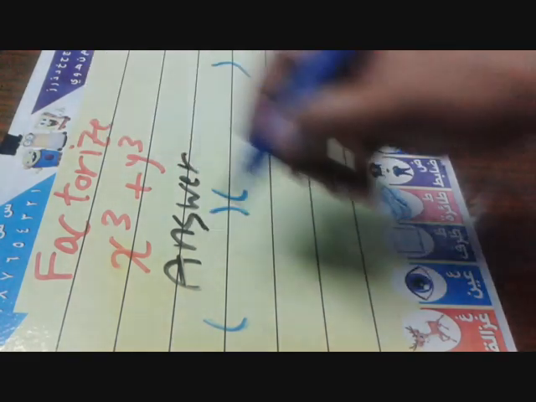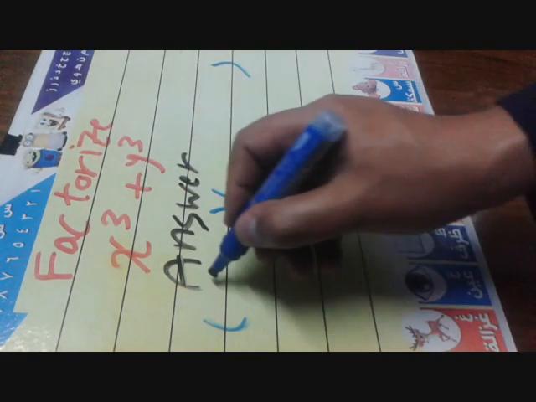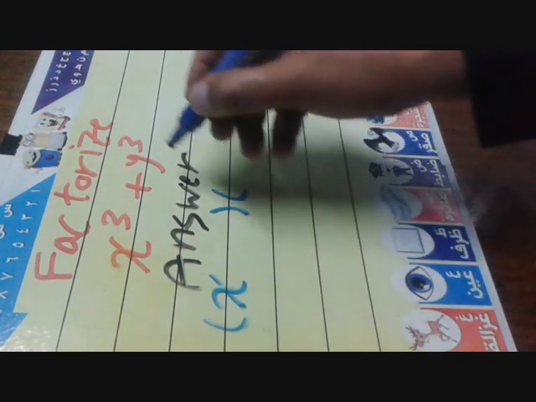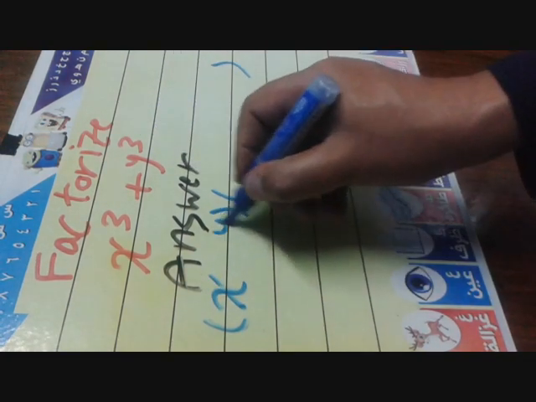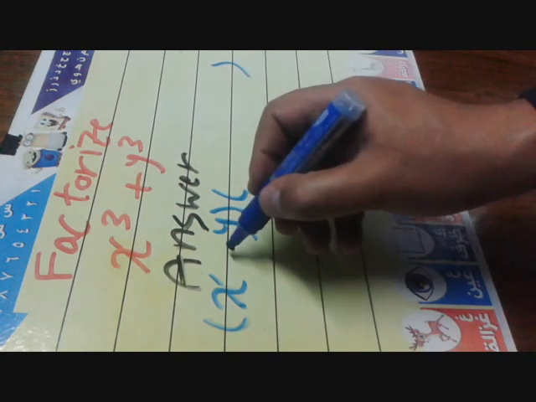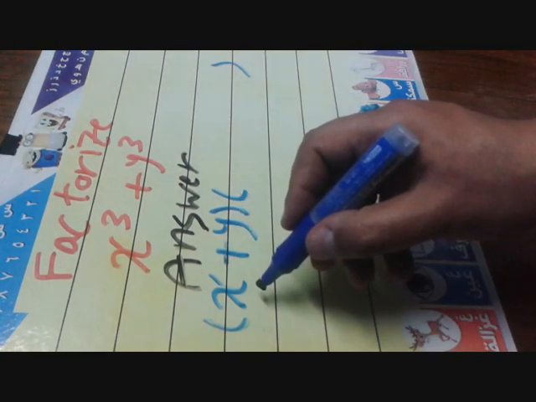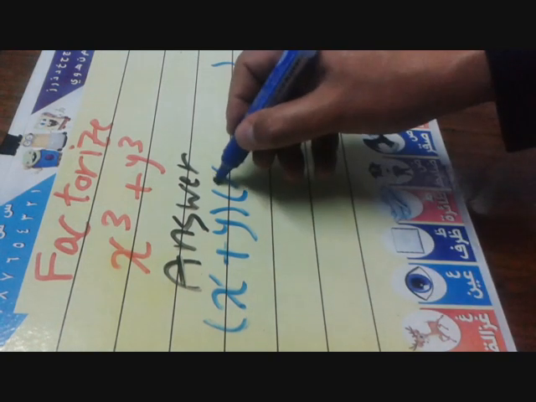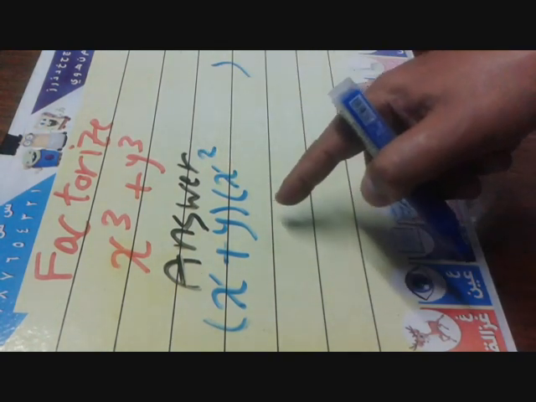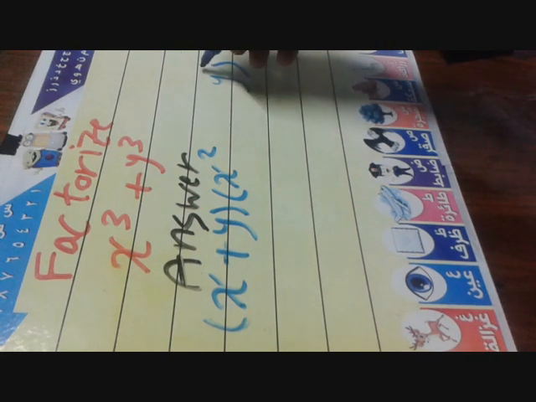The cubic root of x power 3 is x. What is the cubic root of y cube? Here this positive, I put positive. X times itself equals x square. Y times itself equals y square.